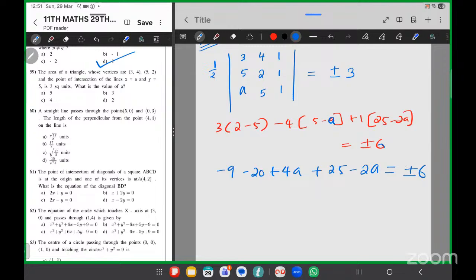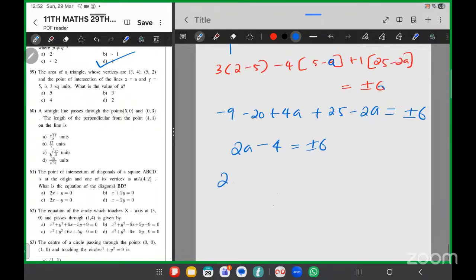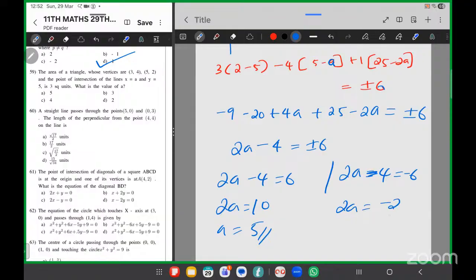So 4a minus 2a become 2a. 2a minus 4 equal to plus or minus 6. So 2a minus 4 equal to 6, 2a equal to 6 plus 4, 10, a equal to 5. Or a minus 4 equal to minus 6, 2a equal to minus 2, a equal to minus 1. A equal to 5, that is the answer.